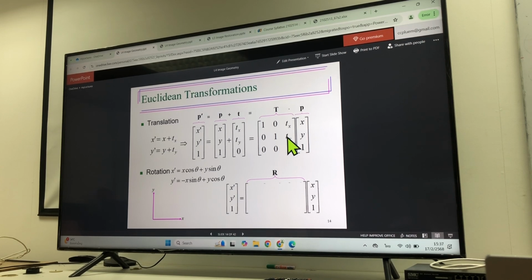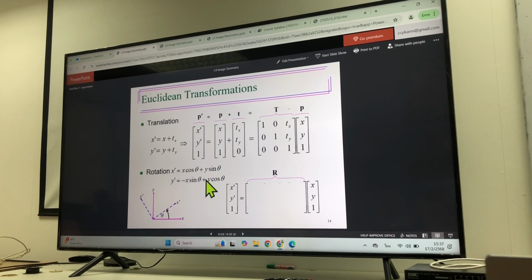How about rotation? Rotation is according to this equation. x prime is x cosine theta plus y sine theta. Suppose you have x and y. When you rotate, in this case we rotate about the origin, counterclockwise by theta degrees.